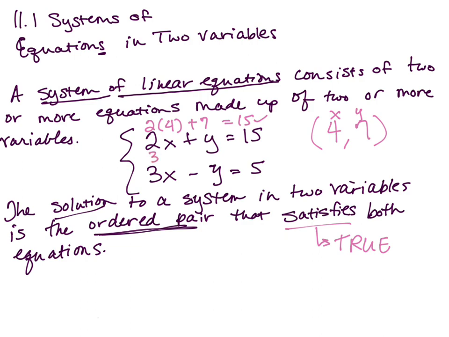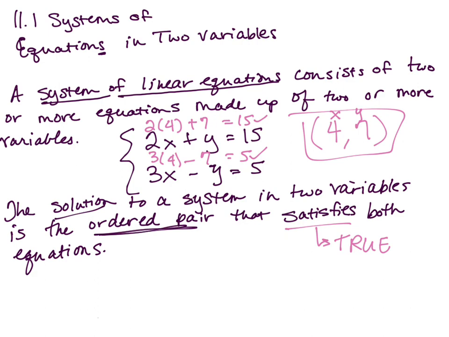So 3 times 4 minus 7 is 5. What's 3 times 4? 12, minus 7 is 5. So you can see that 4 comma 7 is the solution that makes both of these true. Okay. I just gave you that solution. What we're going to be working with today is how to find that solution.